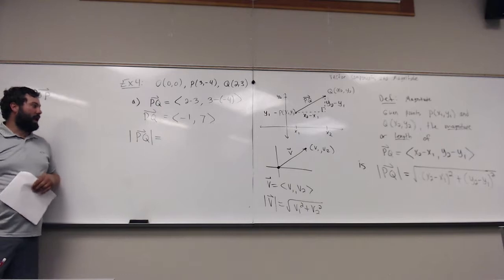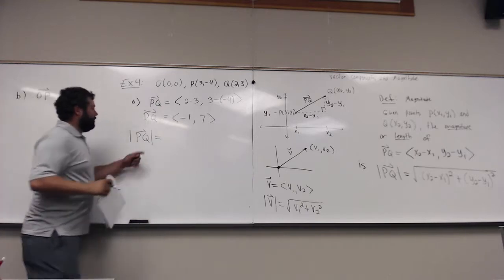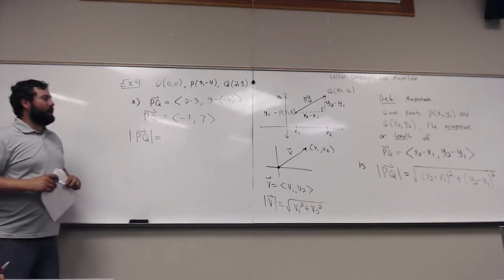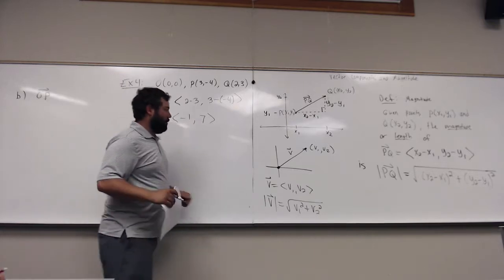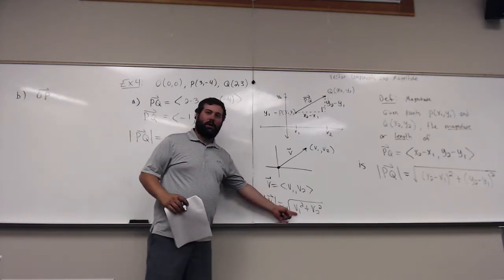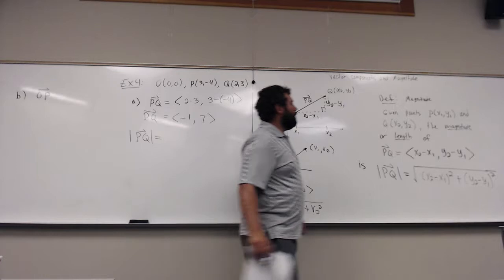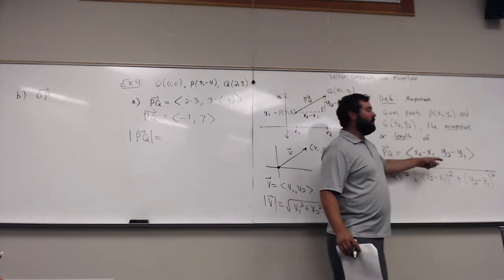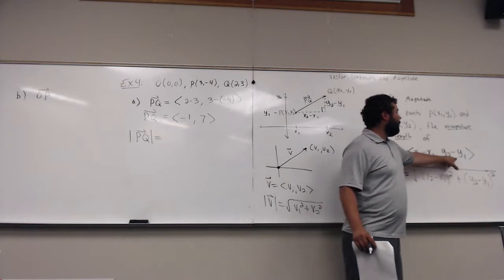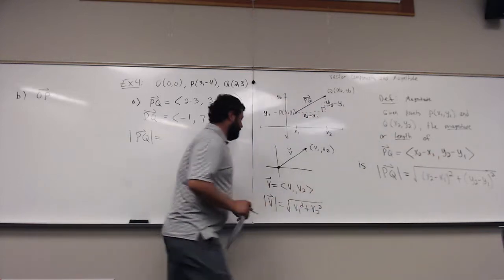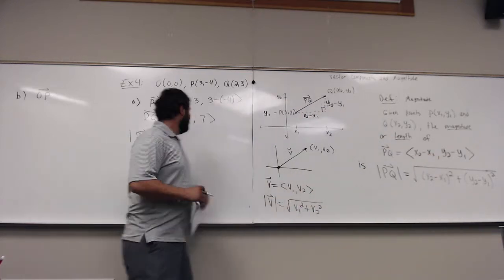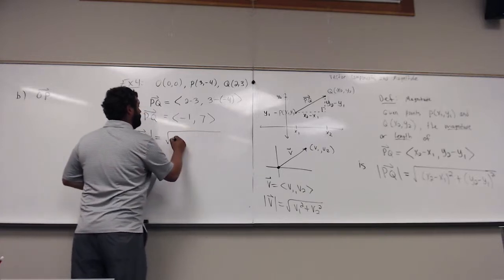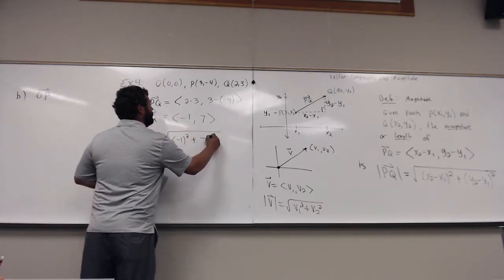Now the magnitude or length of this vector is just going to be, well, I'm going to use this formula right here. I almost never use this formula. I use this formula to find the components, but once I know the x component and the y component, I just use this formula down here because it's the square root of the sum of the squares of the components.